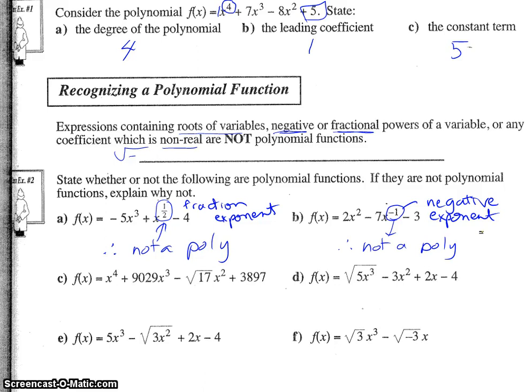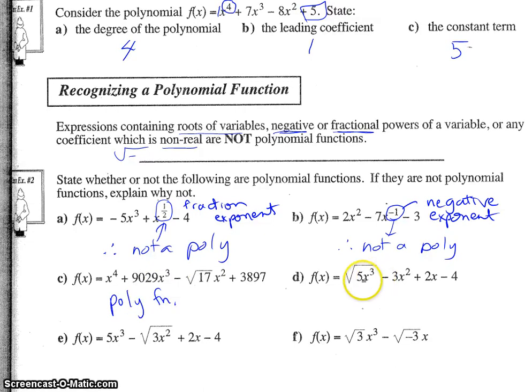All right, next one. x to the 4, 9,029x cubed, negative root 17 of x squared plus... the numbers are bizarre, but the exponents on x seem okay. The coefficients, we're not square rooting a negative, this is the root of positive 17. So this would be a polynomial function.